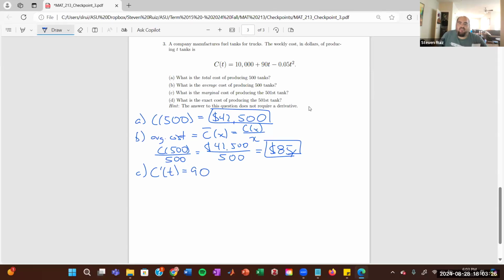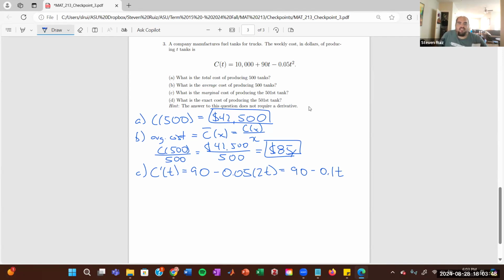And how about the derivative of negative 0.05 t squared? That's negative 0.05 times the derivative of t squared, which is 2t. So this comes out to be 90 minus 0.1t. So that's my derivative.